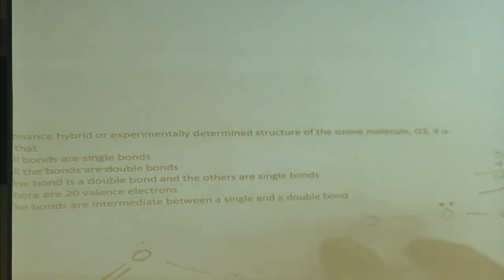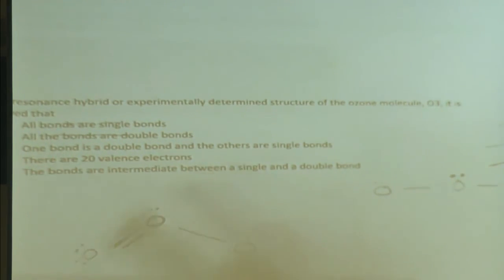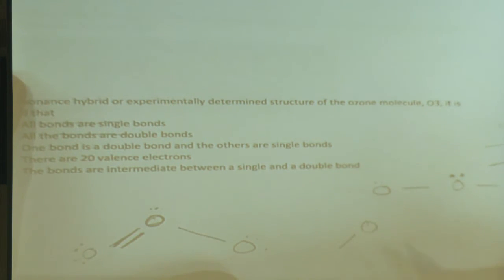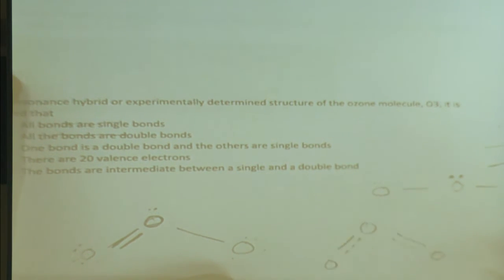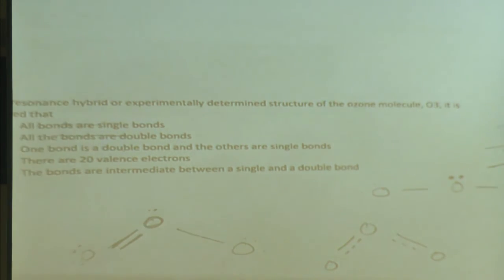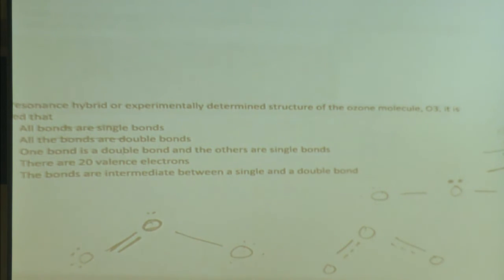Can we say that this one bond will always be a double bond? No. Is it more like an intermediate between a double and a single? So this is a situation Dr. Hernandez will sometimes talk about, those dotted line bonds, right? This is a case where he was talking about your bond order should be 1.5, because you have kind of like 1.5 bonds because there's resonance going on.